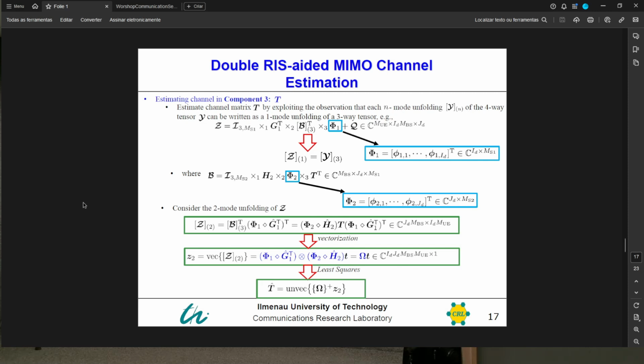We vectorize this using the vec operation, and then we have it in this form, where omega is the whole of this section, and T here is the vec of our T channel.